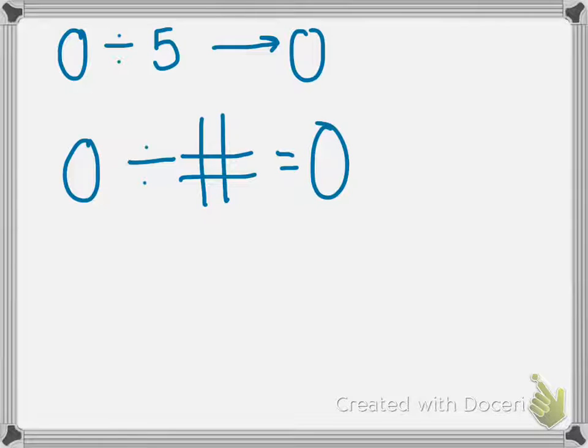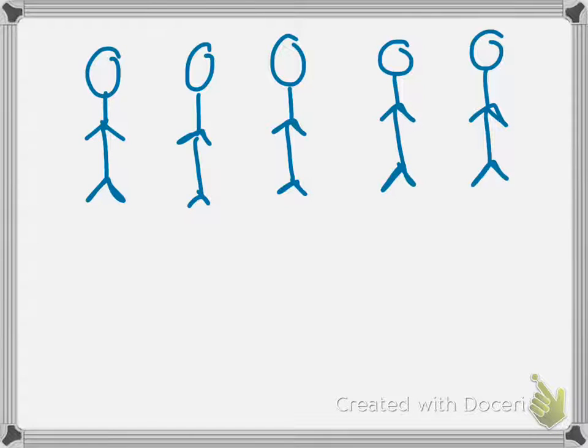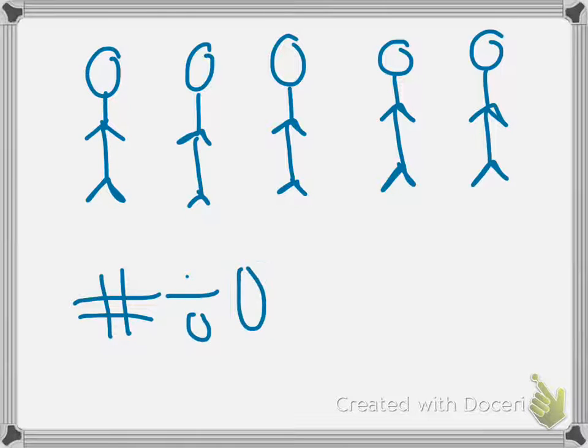What happens if I flip it and I do 5 divided by 0? So if I have 5 people and I want to give those people 0 cookies, that doesn't really make sense. So whenever I have a number divided by 0, my answer is undefined.